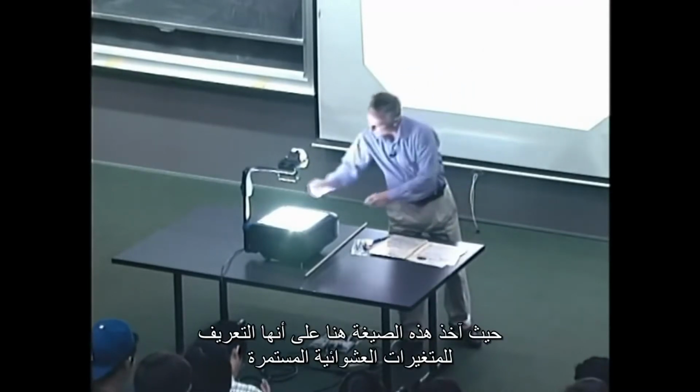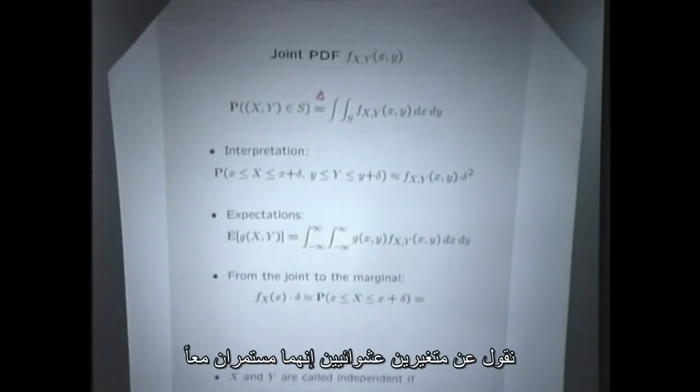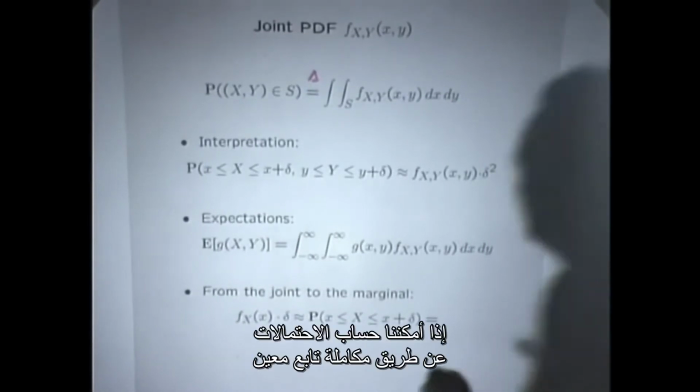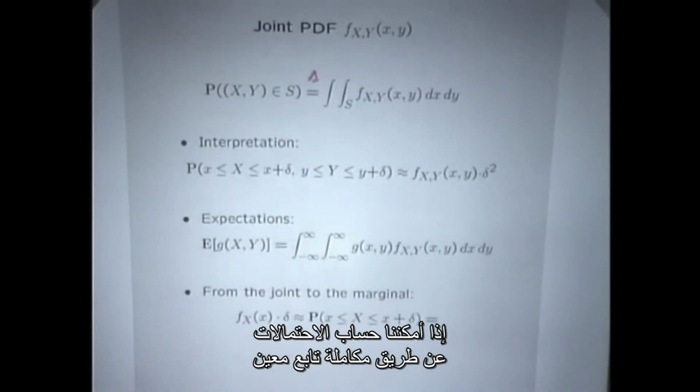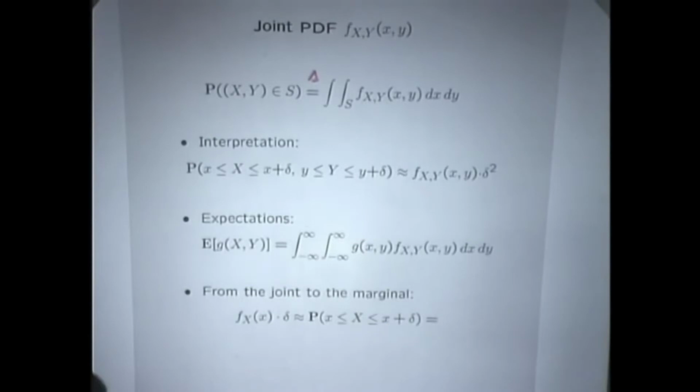We'll take this formula here as the definition of continuous random variables. Two random variables are said to be jointly continuous if we can calculate probabilities by integrating a certain function that we call the joint density function over the set of interest.